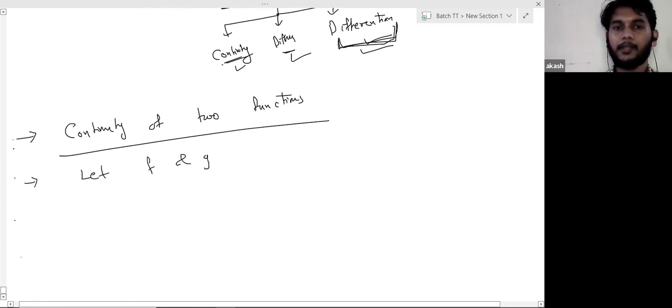Let f and g be two continuous functions in their common domain.